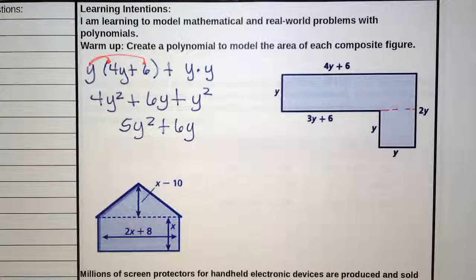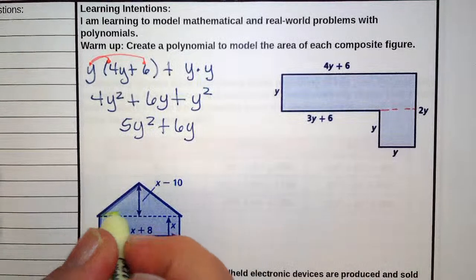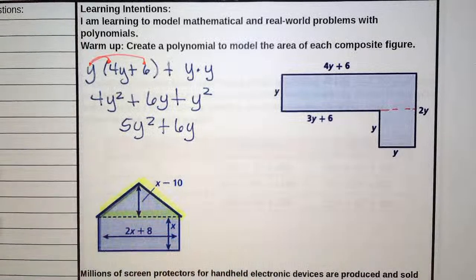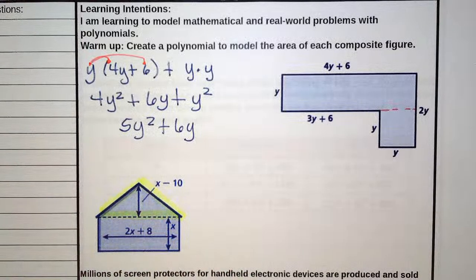Okay, what about the bottom one? If I am looking at it, I see a triangle. How do we find the area of a triangle? Length times width divided by 2. Here's my triangle. Then the bottom is a rectangle. Rectangle is simply length times width for the area.